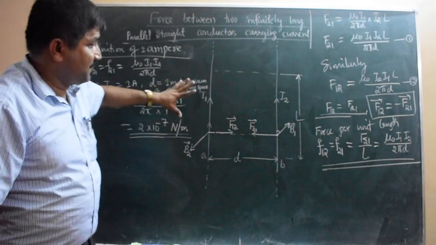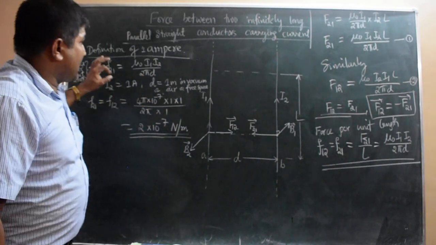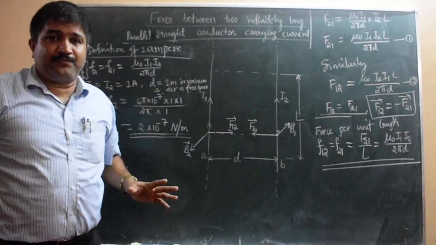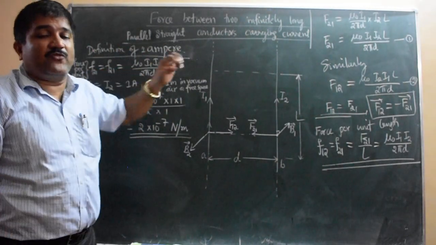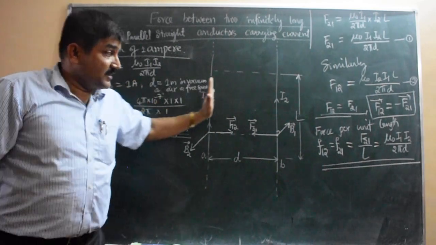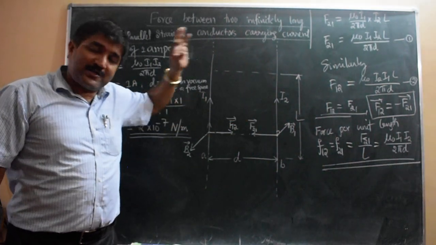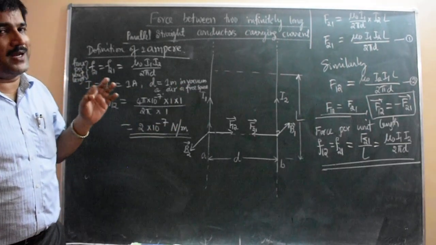That means the statement, the definition of 1 ampere, is like this. In this topic, when asked to define ampere, you have to state the definition of 1 ampere like this.